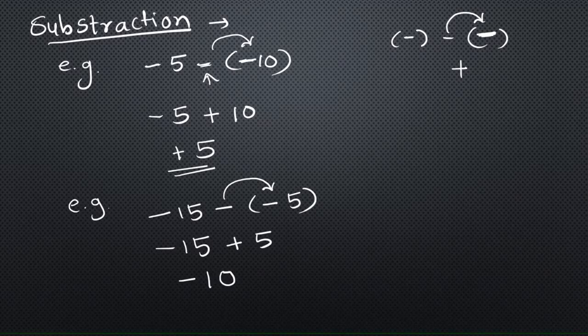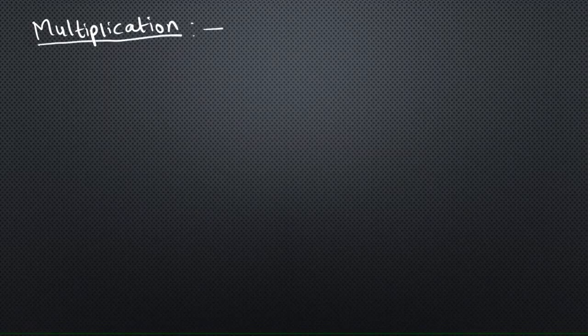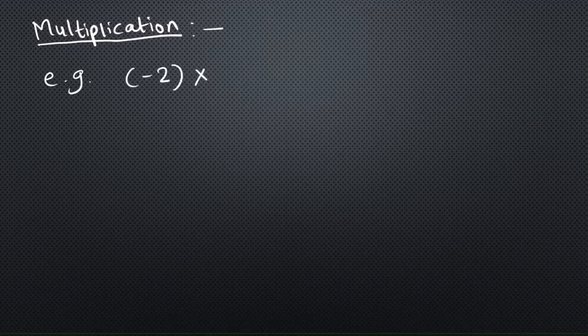Now we will see the operations with signed numbers in multiplication. The product of two numbers with the same sign is positive. For example, minus 2 times minus 5.